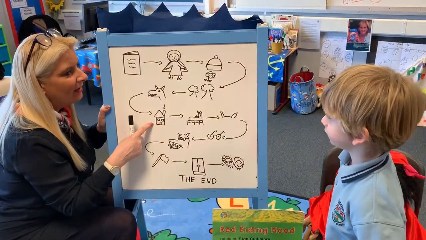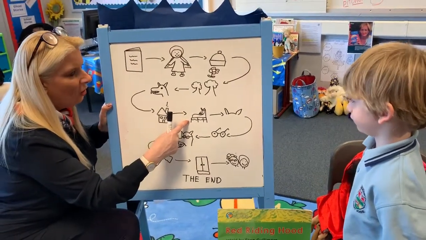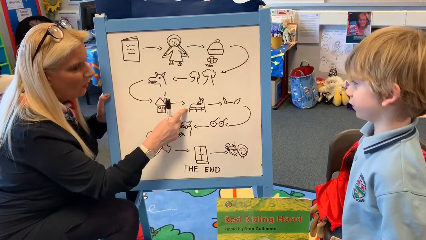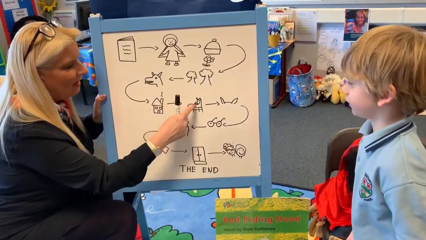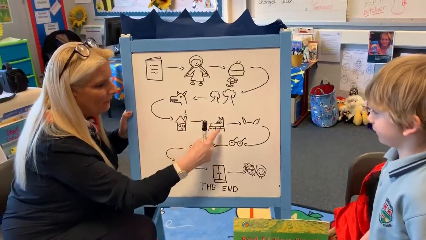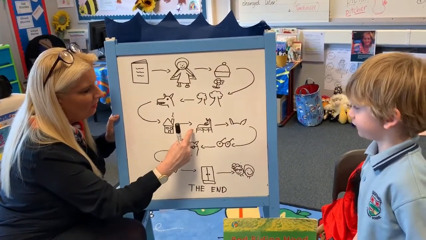Whose cottage is it? Granny's cottage. And then he locks her in the wardrobe, and he pretends he is Grandma, and he goes into the bed. I know it doesn't look like it.